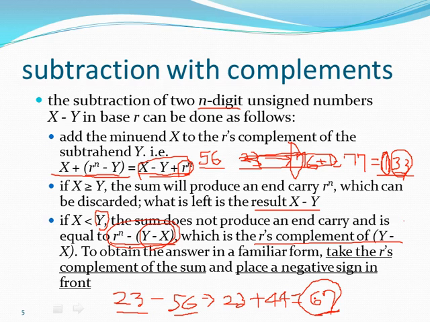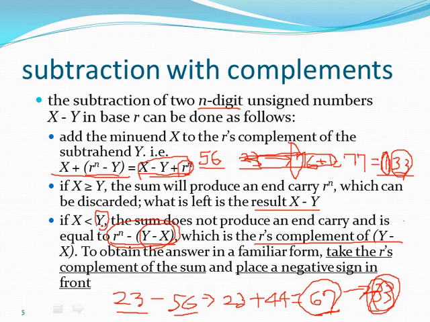So if we take tens complement of 67 again, tens complement of 67 is 33. So the meaning of 33 is the difference between 56 and 23.